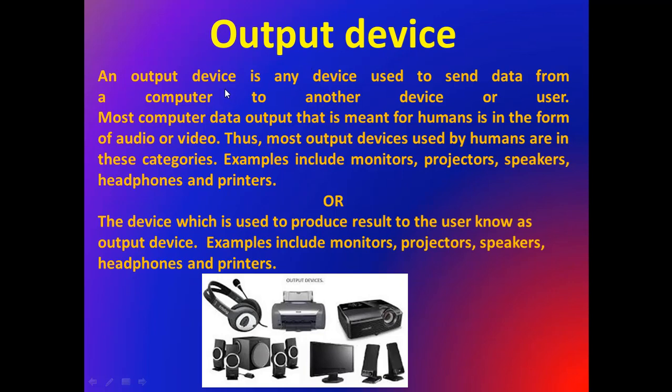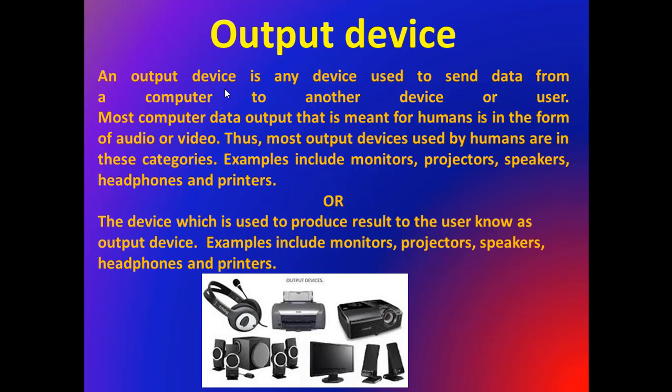So listen, output device. An output device is any device used to send data from a computer to another device or user. Most computer data output that is meant for humans is in the form of audio or video. Thus, most output devices used by humans are in these categories.